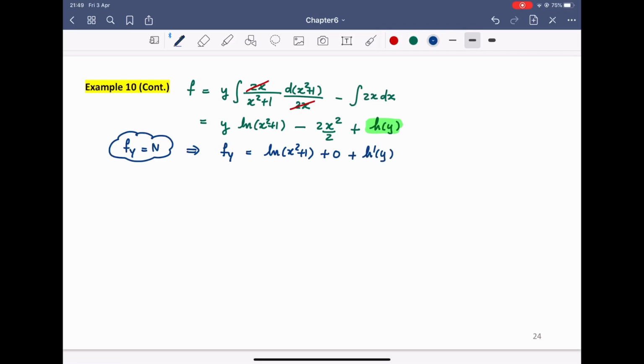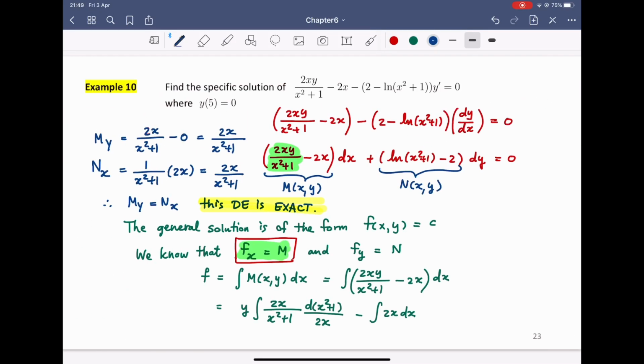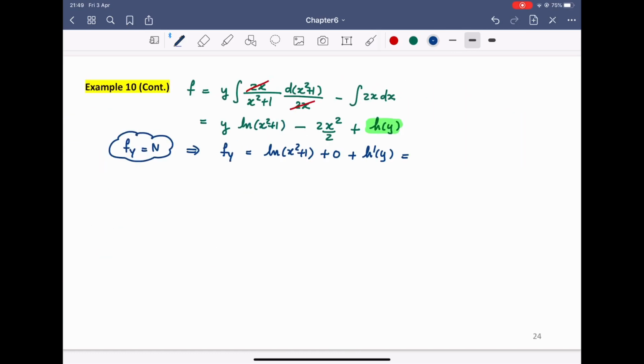This thing is supposed to be equal to N, which is logarithm of x squared plus 1 minus 2. So this is logarithm of x squared plus 1 minus 2 from the previous slide. This is my N. So once I compare everything, I get h prime of y equal to negative 2. And then I can get h(y) equal to the integral of negative 2 dy. This is negative 2y plus a constant c1.